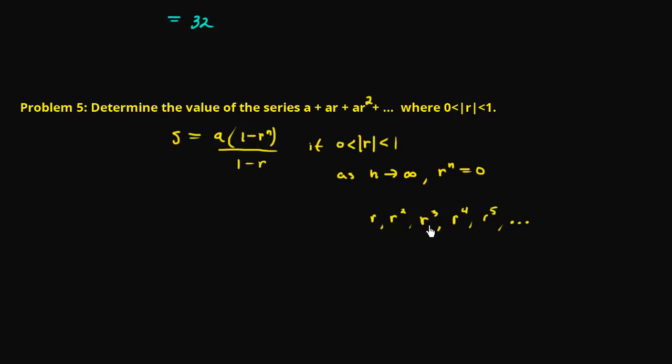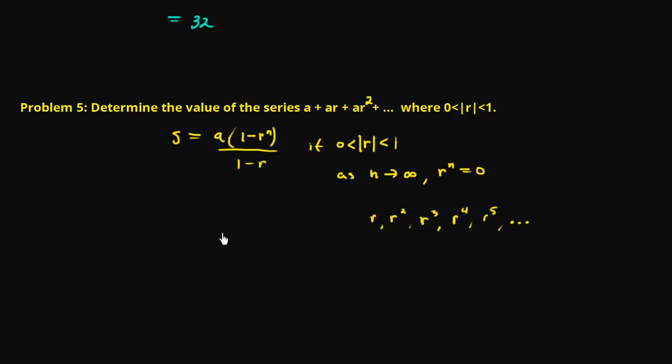I know that the absolute value of r cubed is less than the absolute value of r squared, and so forth. So as we raise r to the power of n, where n is approaching infinity, this value goes to 0. So it's actually equivalent to 0.